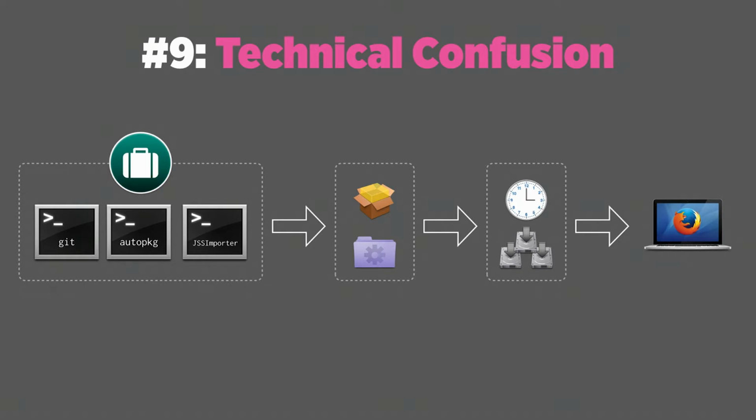I've been scripting this kind of automation for years, and even I sometimes have to go back to the manual and figure out, like, what's this API call again, or what's JSS Importer trying to do? So you'd be forgiven for not being able to keep track of every single moving part here. But if you're administrating a system that uses these parts, it's kind of your job to do that. So there are people out there to help, including myself, but it does get confusing sometimes.